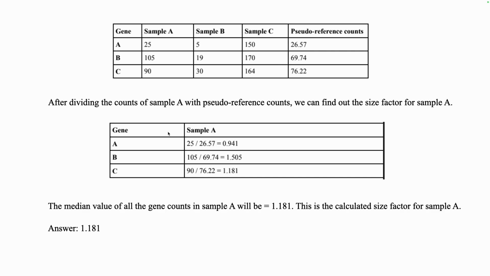In a sort of way, we are normalizing our data, so that we can discard the technical variance. We just want the biological variance, but we don't want the technical variance. The variance we are getting in the expression should come only from the biological variance.